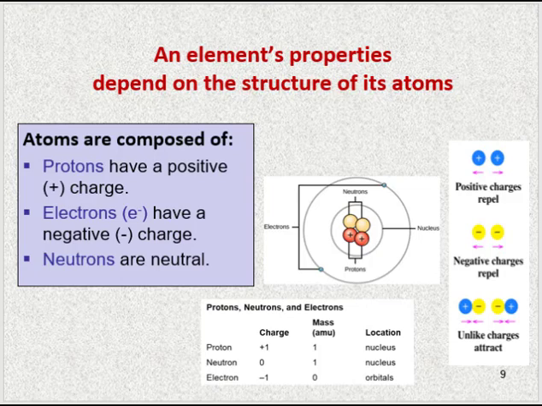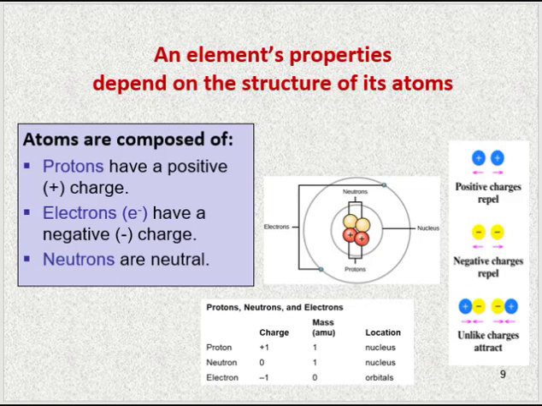Electrons, on the other hand, have a negative charge. They represent the same negative charge that the atom's proton charge has, typically. Electrons are much smaller in mass than protons. Therefore, they do not contribute much to the element's overall atomic mass.